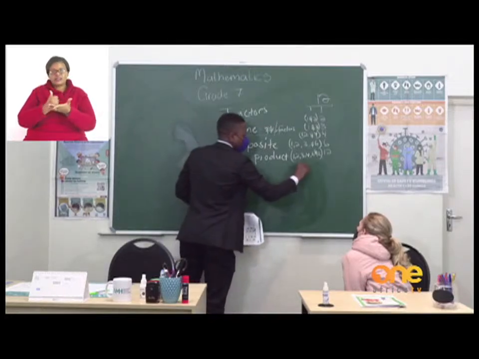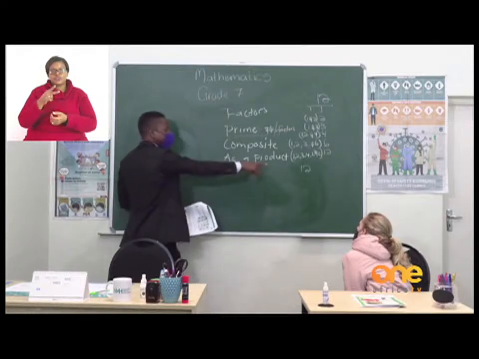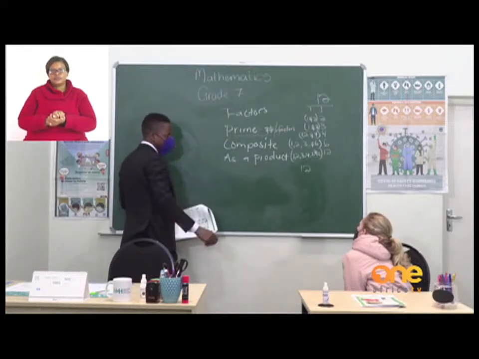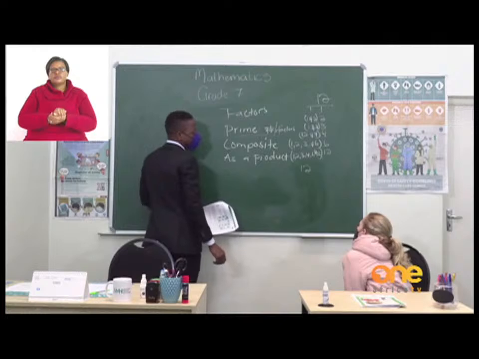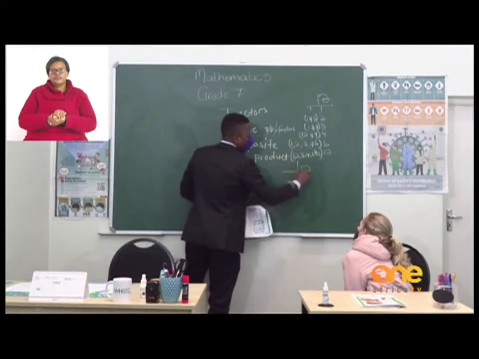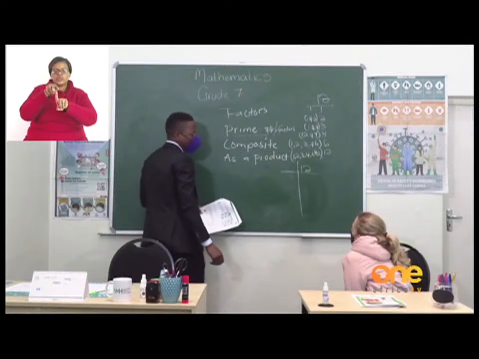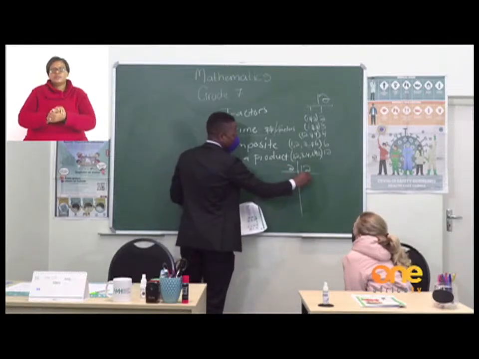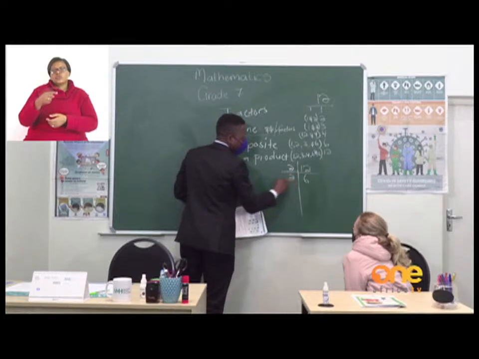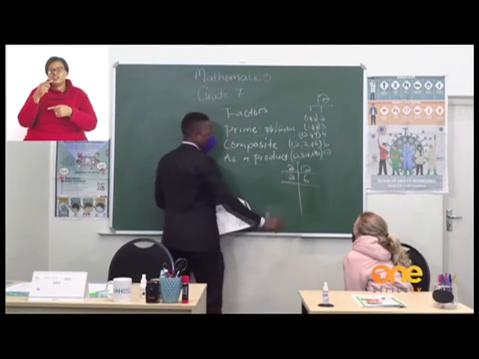We have 12. We must write 12 as a product of its prime factors. Remember, our lowest prime number is 2, so we can halve it with 2, we get a 6. 6, we can halve it with 2, you get a 3.